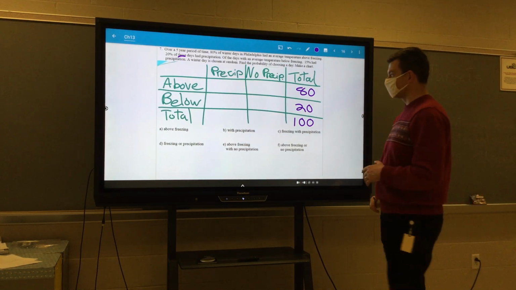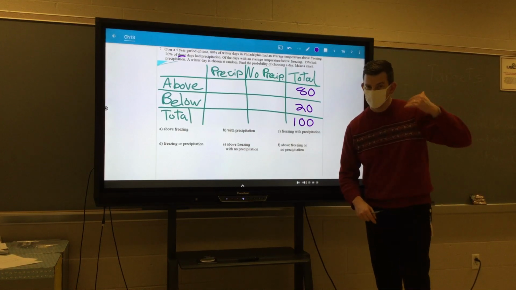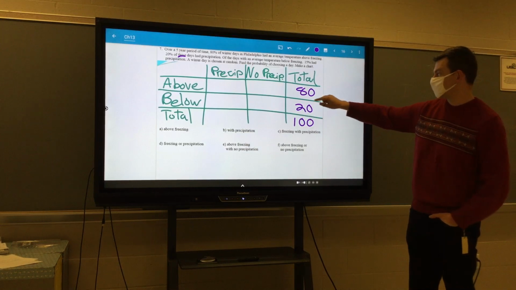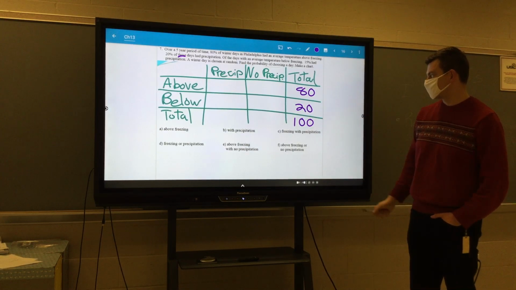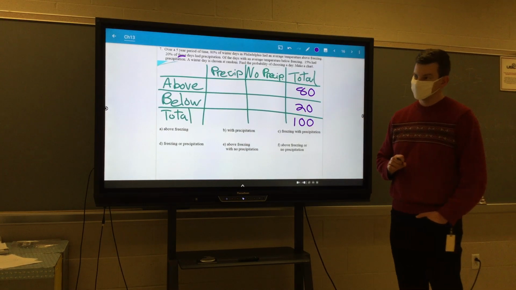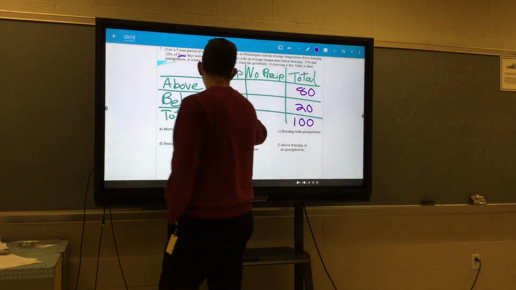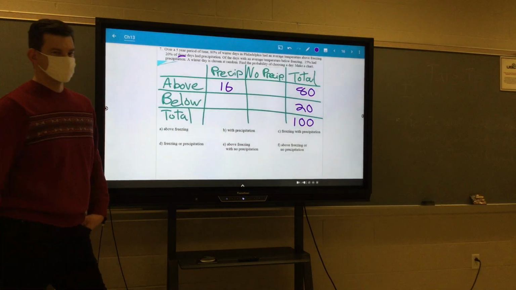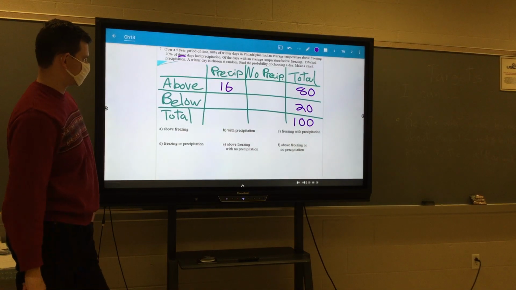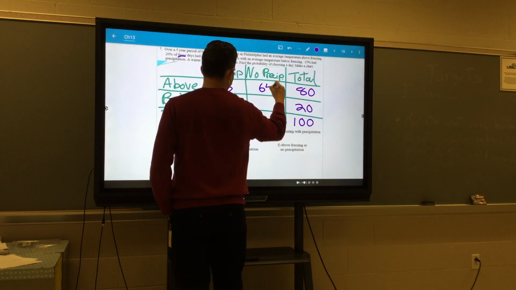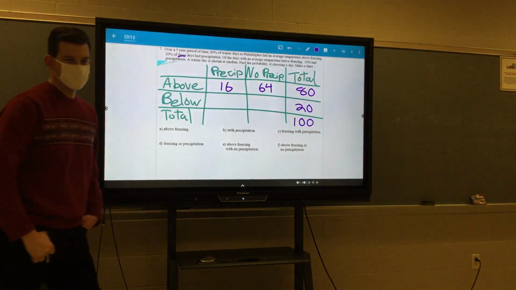But the numbers here are friendly enough that we can use our reasoning with 10%, right? To take 10% is pretty easy. We just slide the decimal point. So 10% of 80 would be 8. We want 20%, so we'll double that to 16. 16 of those days would be 20%. The remaining 64 days had no precipitation.